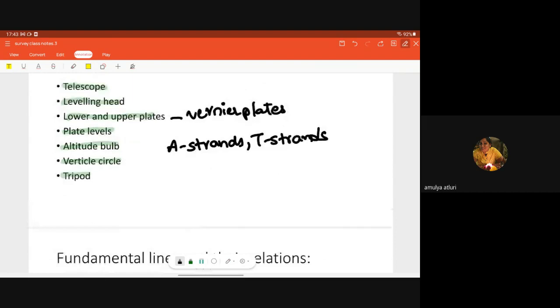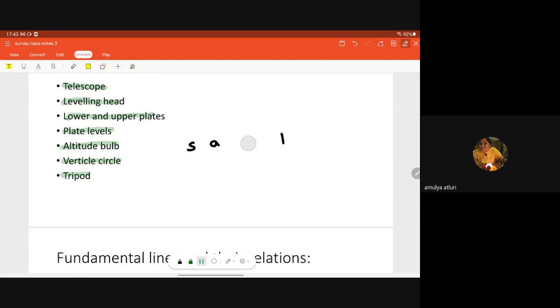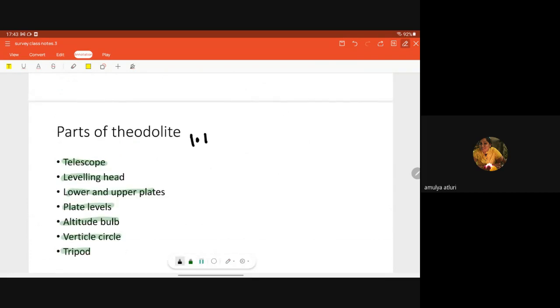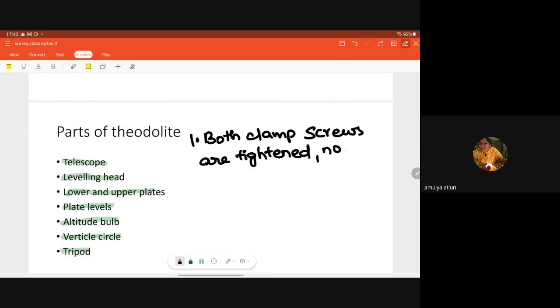Generally, in the first working operation, both clamp screws are tightened, so there is no movement of the telescope.